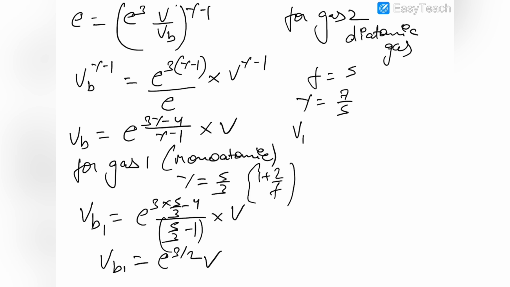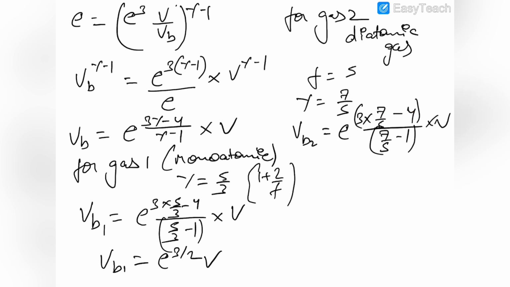So Vb2 is equal to e to the power 3 into 7 by 5 minus 4, divided by 7 by 5 minus 1, into V. So you can see that this is 21 by 5 minus 4, so it is 1 by 5, and in the denominator it would be 2 by 5.